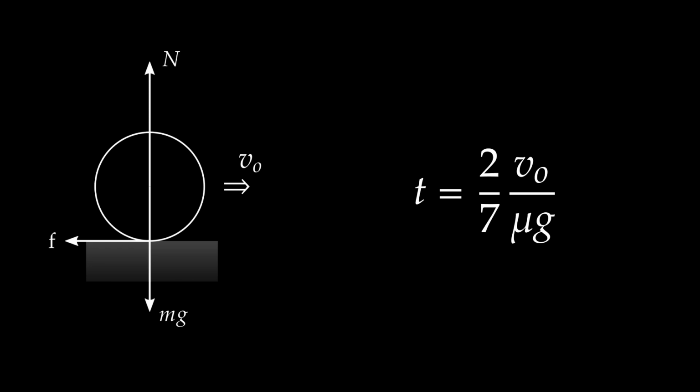So if I wanted to know how far it travels, what I would have to do is take this time that I calculate and then go back to a kinematic equation using the acceleration of mu g, and the equation I would use obviously would be x is equal to x naught plus v0 t plus 1/2 a t squared, and solve for the displacement in that time. Have to be careful not to do it the other way around. And there you have it, a bowling ball skidding to a start.